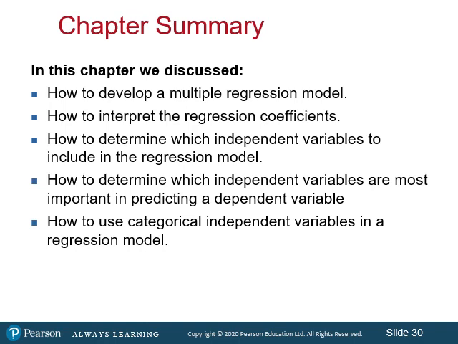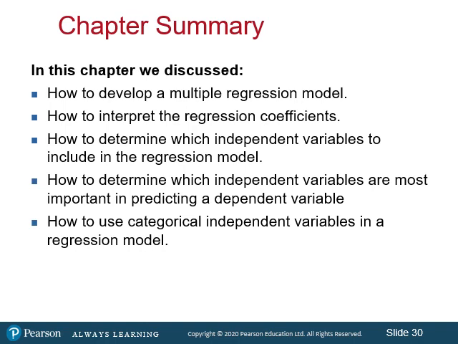For the chapter summary, in this chapter, what we have discussed is how to develop a multiple regression model, how to interpret the regression coefficients, how to determine which independent variables to include in the regression model, how to determine which independent variables are most important in predicting a dependent variable, and how to use categorical independent variables in a regression model.